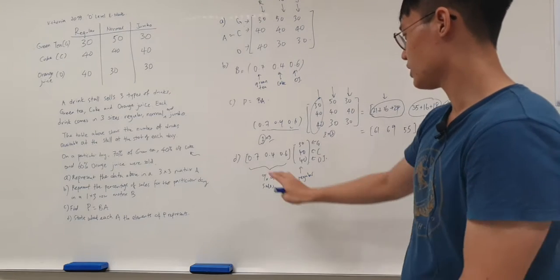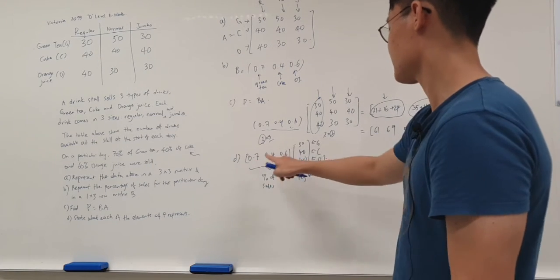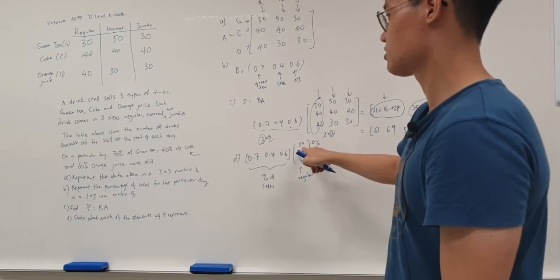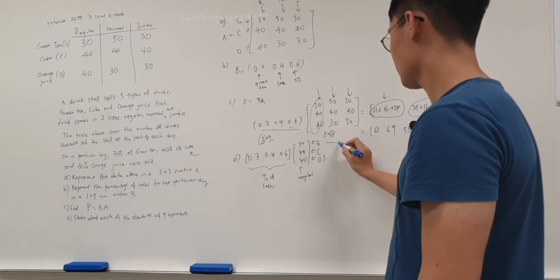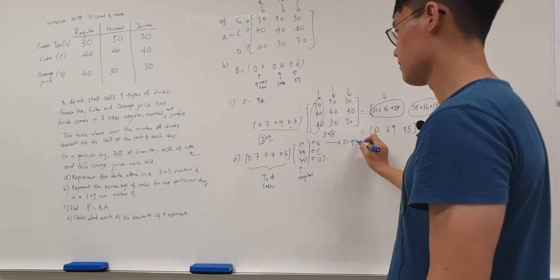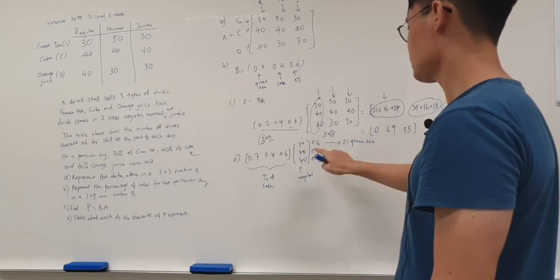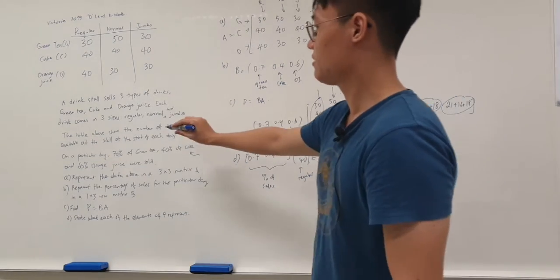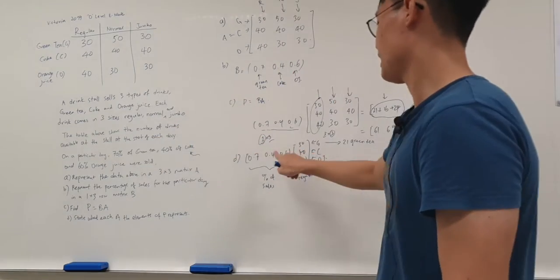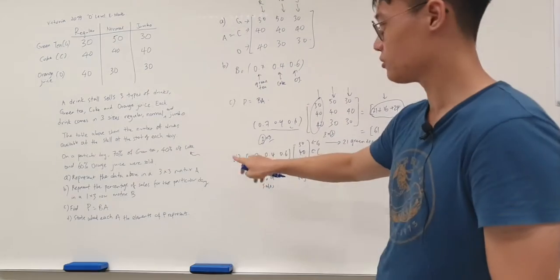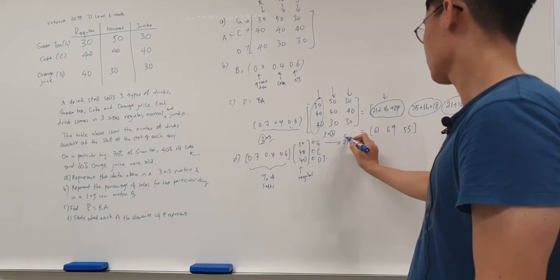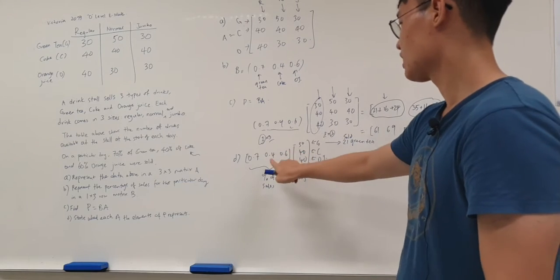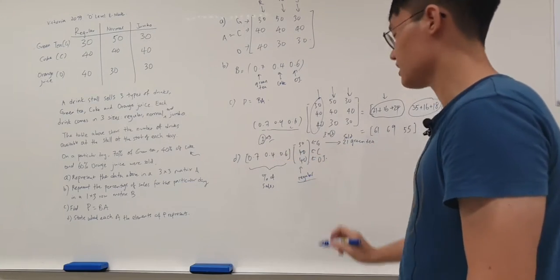Okay? So when you multiply, 70% times 30, that means you have sold 21 green tea. Because you have 30 at the start of each day, then after this whole day you sell 70% of it, so you have actually sold 21 green tea of regular size.